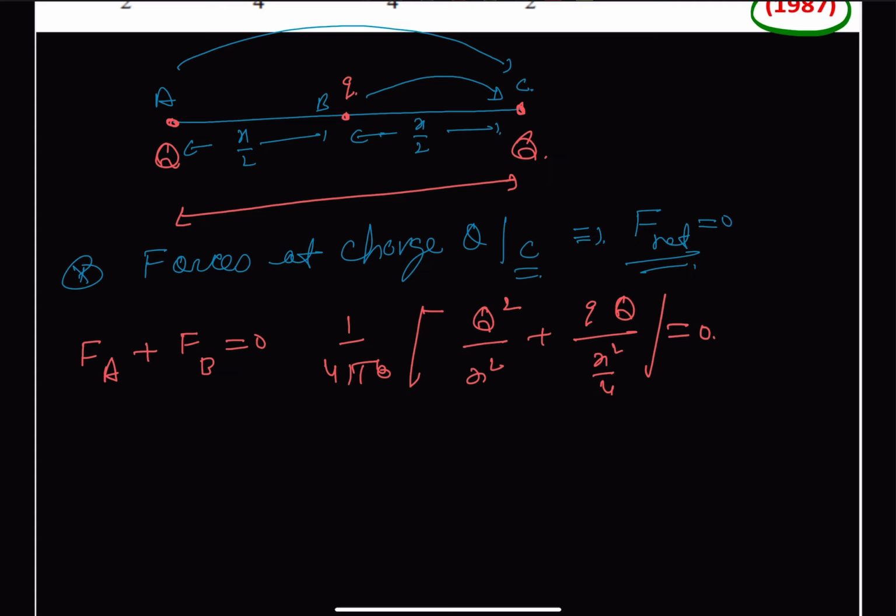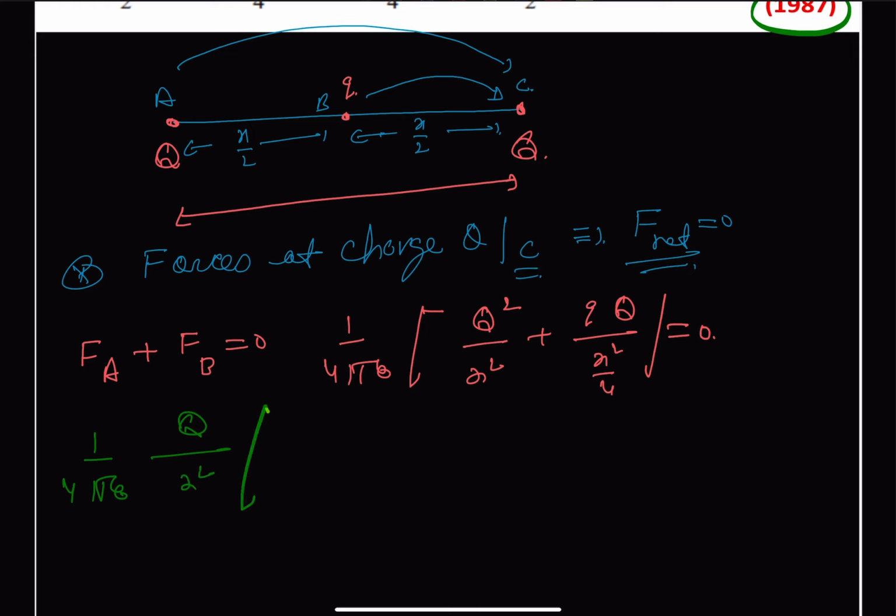So from here we can take a few things common: 1 upon 4 pi epsilon naught, capital Q, and x square.